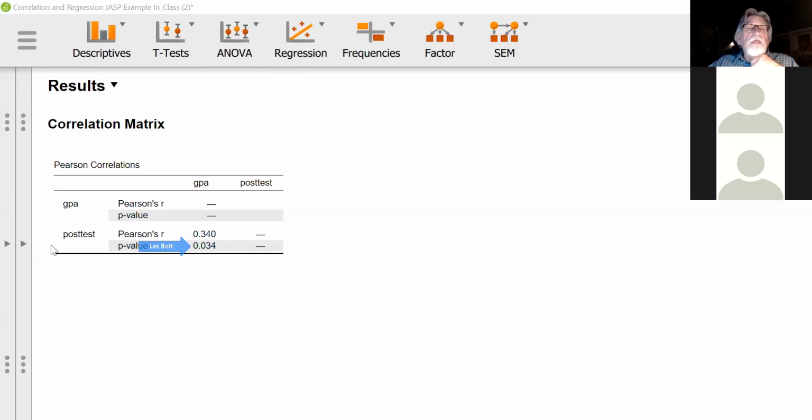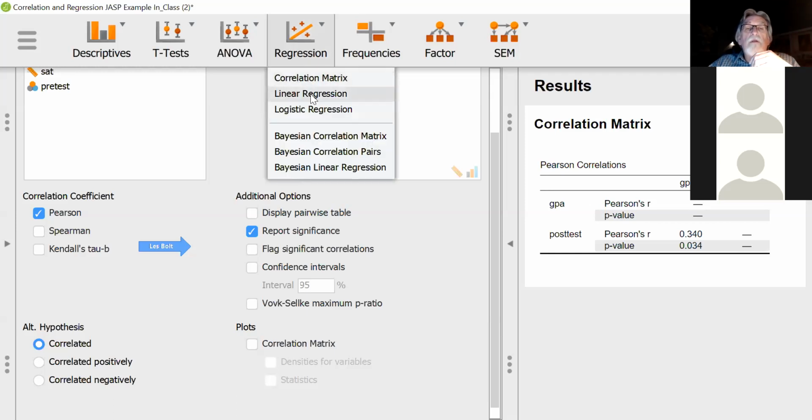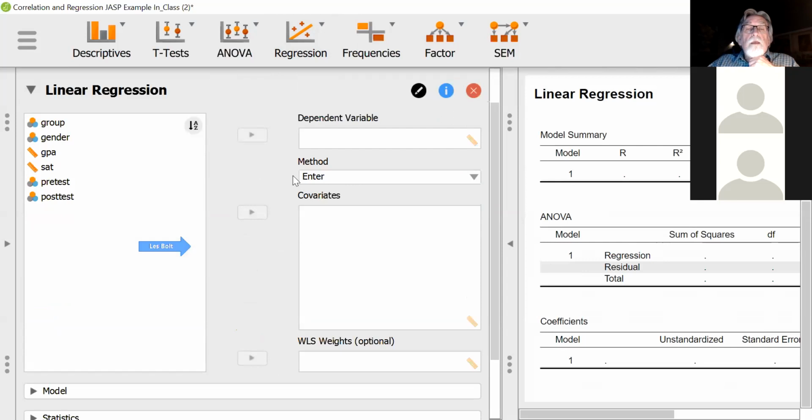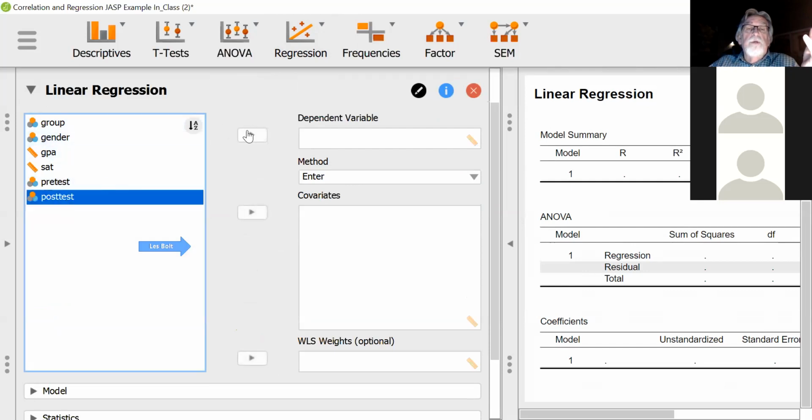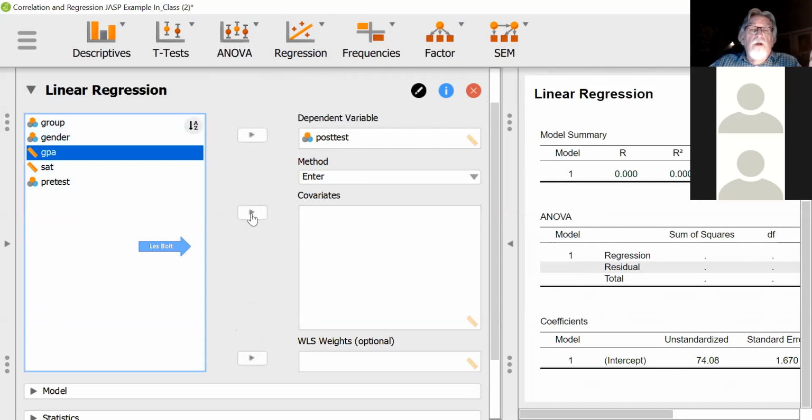So let's think about predicting post-test score from GPA, in other words, doing a regression. Linear regression. At this point, we're talking about continuous variables, so it's linear regression. I have to give it a dependent variable because it's the Y value, and so the Y value is post-test score. We want to predict post-test score. GPA is what's called a covariate.